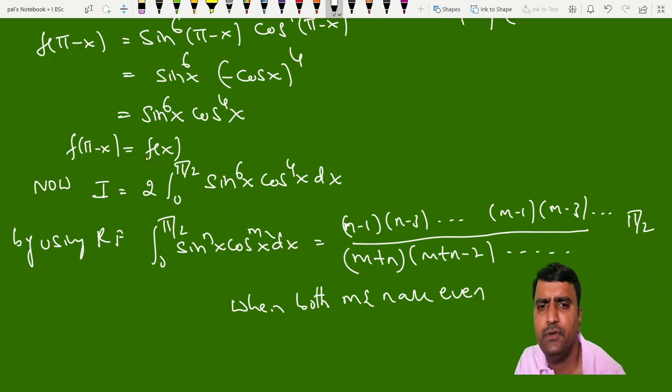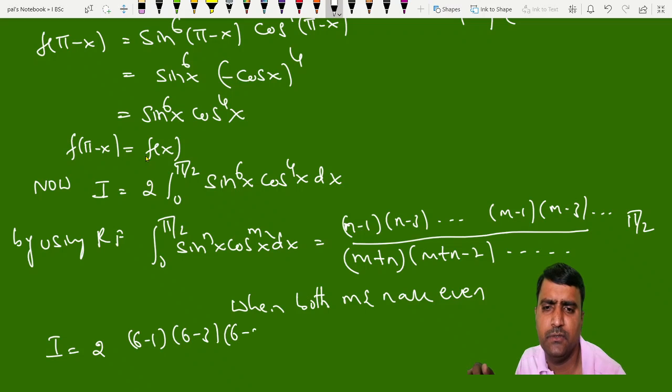Okay, so what is m and what is n here? m is 6, n is 4. Let's use the reduction formula. So I is equal to 2 into (6 minus 1) into (6 minus 3) into (6 minus 5) into (6 minus 7). When you take 6 minus 7, it gives a negative number. If negative comes, stop at the previous step. So stop at 6 minus 5.